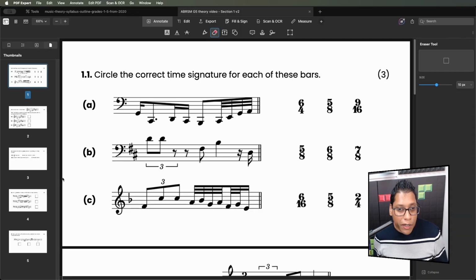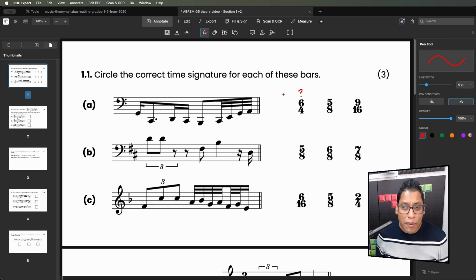I've got a bar of music that seems to include a lot of short notes. We've got quavers, dotted quavers, semiquavers, and demi-semiquavers. And our choices of time signature are 6/4, 5/8, and 9/16. Because we're dealing with short note values, I'm thinking at the moment that 6/4 is probably not going to be my answer.